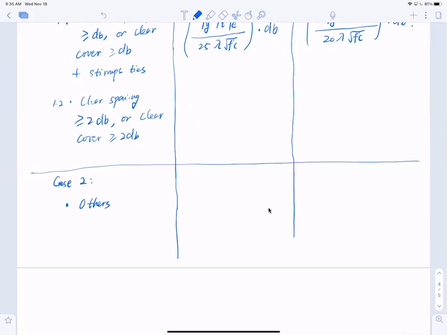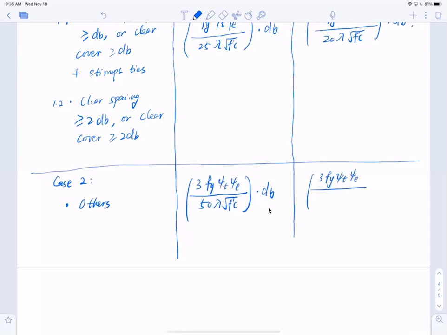Okay, and in that you have equation 3 Fy psi_t psi_e divided by 50 lambda square root f'c times dB. Same thing here, 3 Fy psi_t psi_e divided by 40 lambda square root f'c and dB.